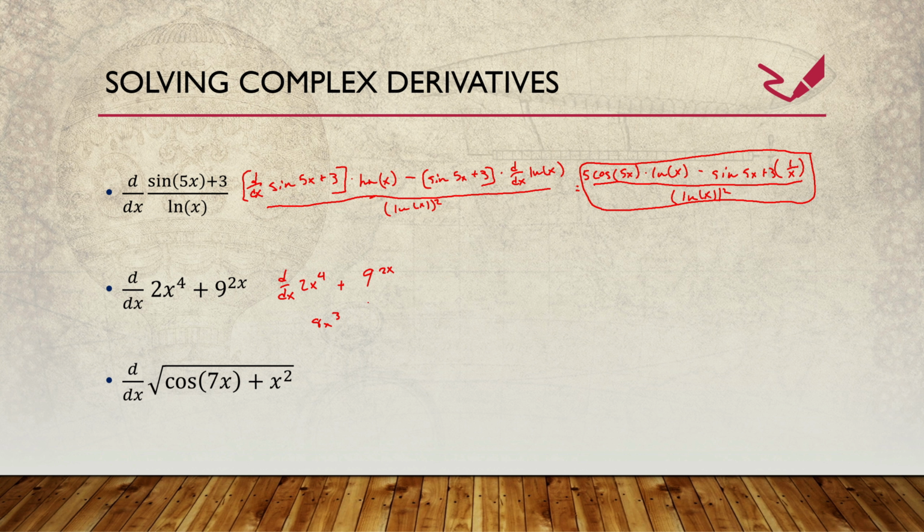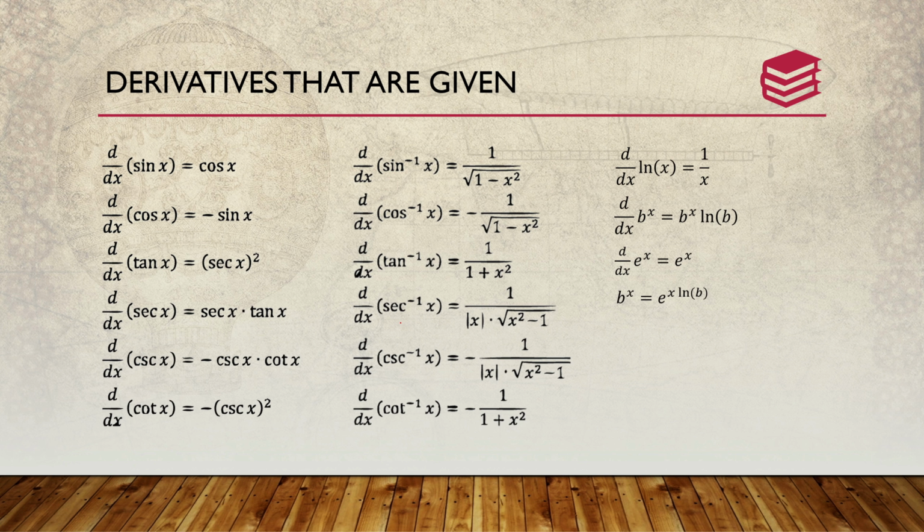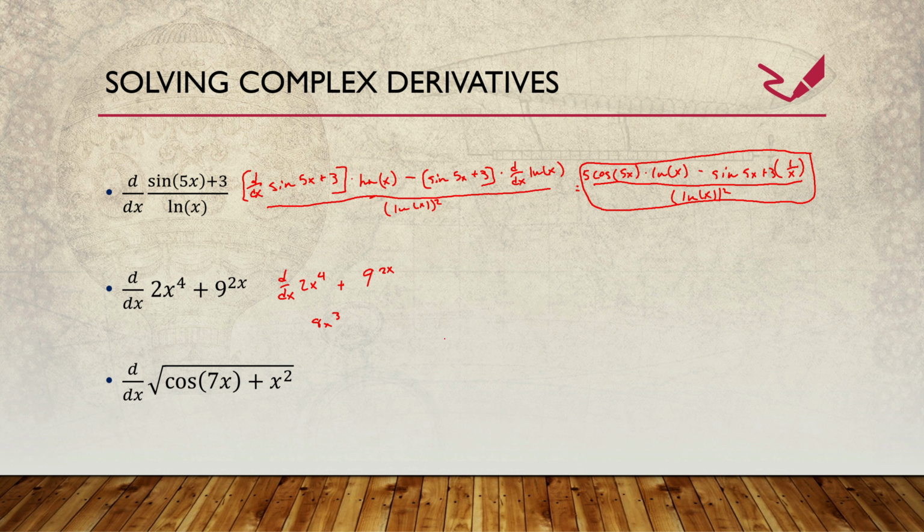And then this one is going to be a little tricky, because from the properties we learned on the previous slide, the derivative of b to the x equals b to the x times the ln of b. So we will have to use this property right here.